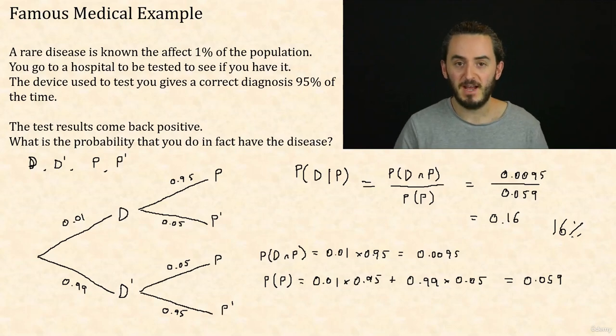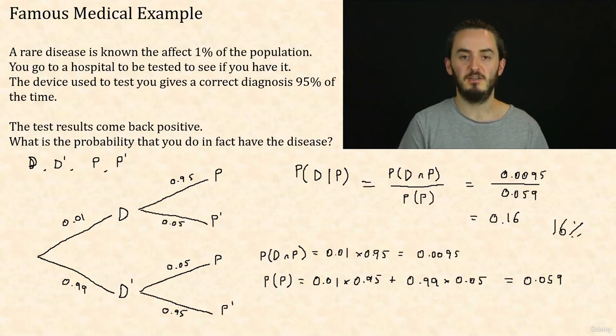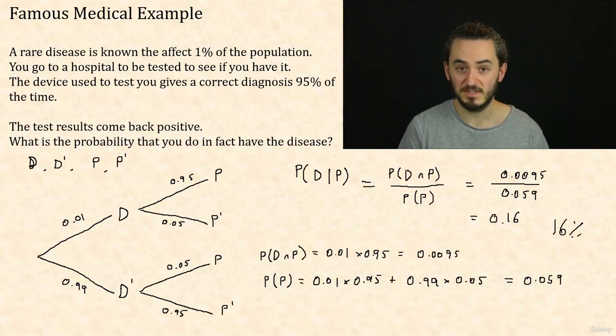So think about how crazy that actually is. There's this rare disease. You're getting a test. The test is correct 95% of the time. It tells you that you've got it. This machine which gets things right 95% of the time. It tells you you have it, and yet there's still only a 16% chance that you have it. So what's the explanation? Well, basically, there are just way more people.